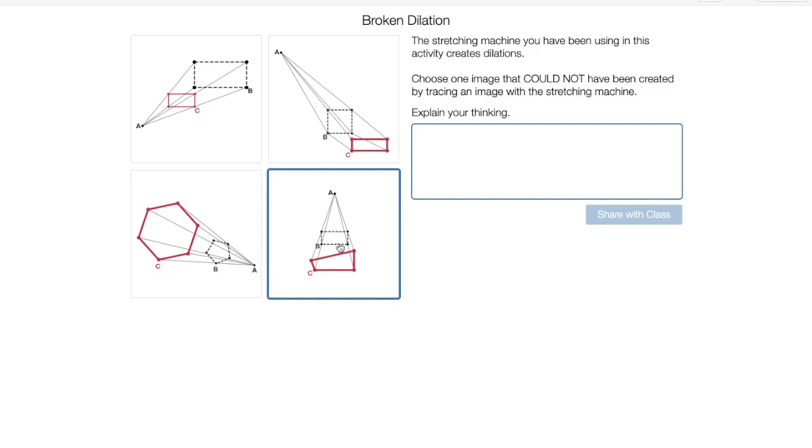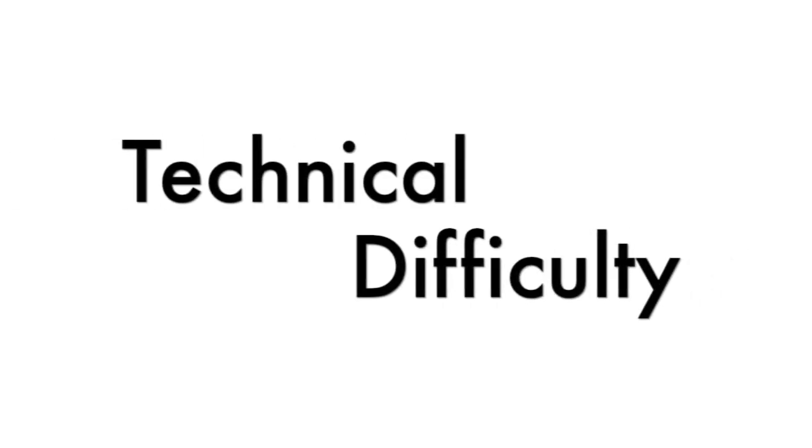And right here in this one, we have a rectangle that was dilated into a quadrilateral that is not a rectangle. So we know that when we are dilating, the shape should stay, so if it's a rectangle originally, it should still be a rectangle, even if it's getting larger or smaller.